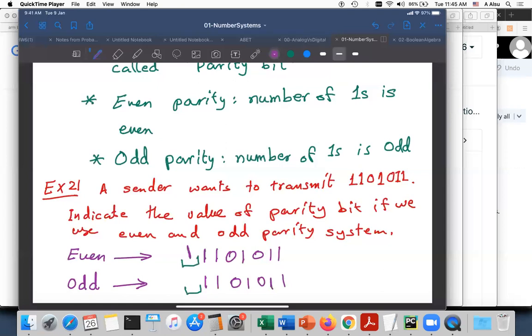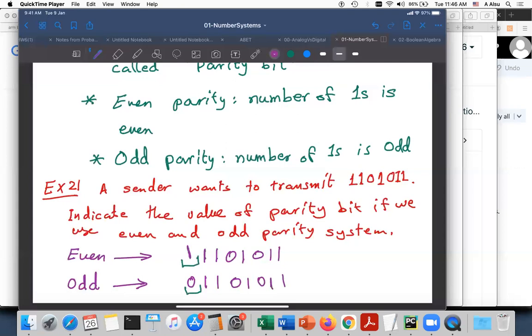We want an even parity. And in the odd case, it's the other way around. It has to be a 0, because the number of ones is already odd, so we don't want to alter that. We want to keep it odd, because we're using an odd parity system.